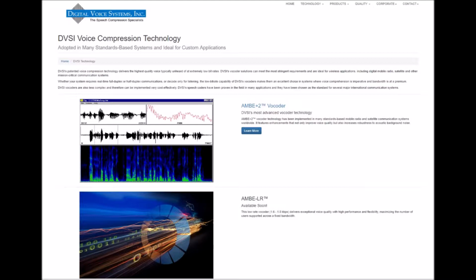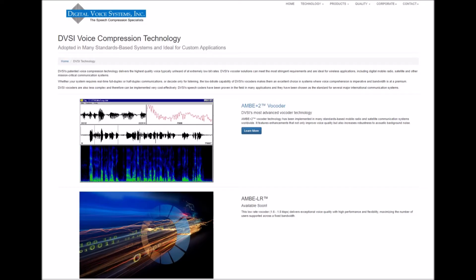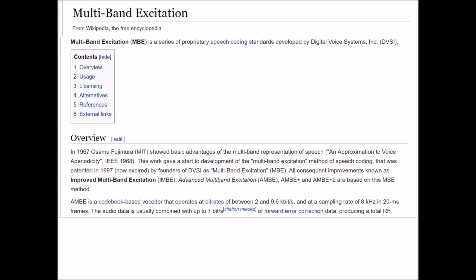All consequent improvements, known as improved multiband excitation, IMBE, advanced multiband excitation, AMBE, AMBE Plus, and AMBE Plus 2 are based on the MBE method. Again, multiband excitation.